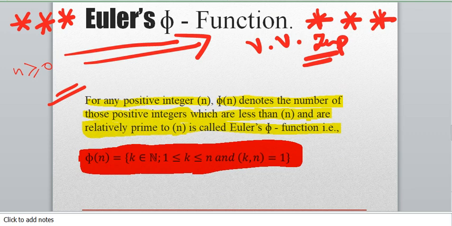Let me take a black color. Let's say I take G as a group equal to Z10.